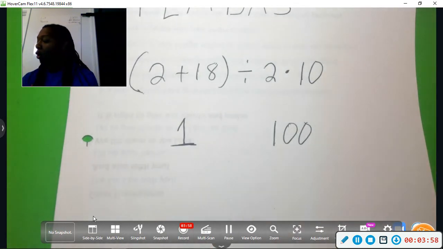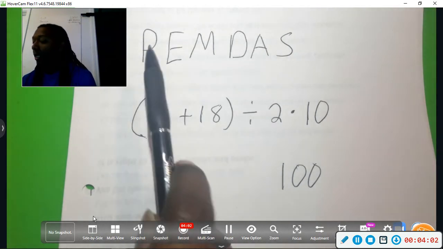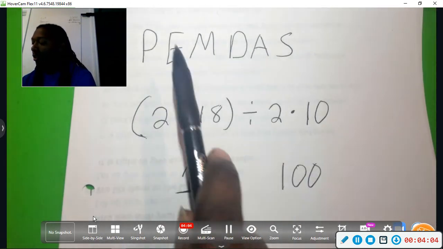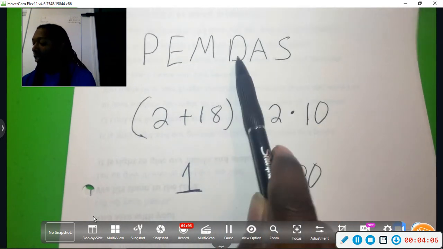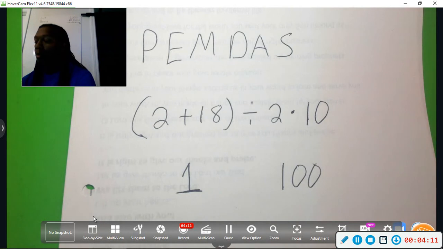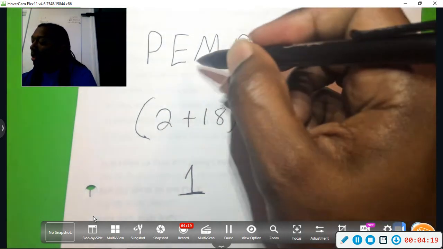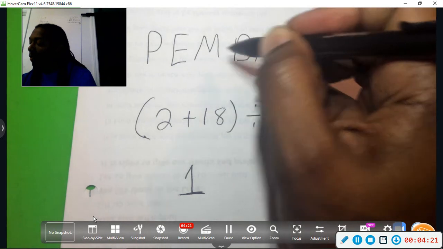According to PEMDAS, it's been updated since I was in school, because I think when I was in school we just did parentheses first, exponents, multiplication first, then division, then addition, then subtraction. But it's been changed since I've been teaching, which is about 8-9 years. The order says do multiplication and division from left to right.